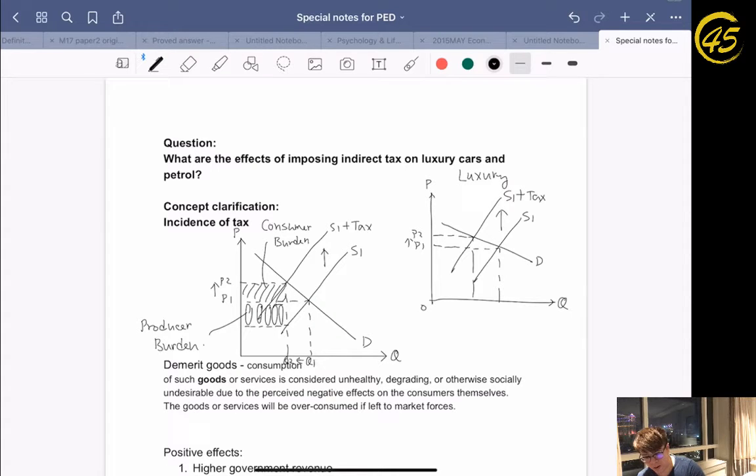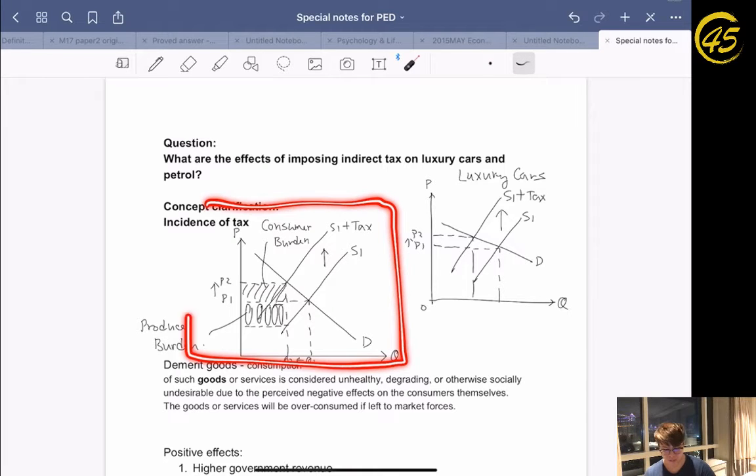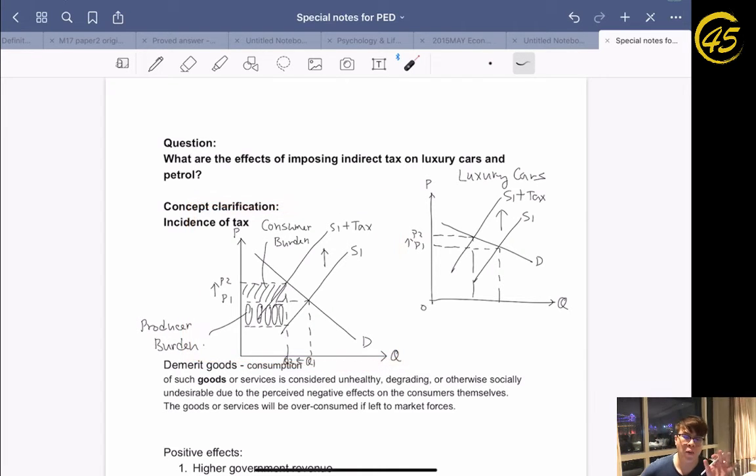Remember, the diagram on the left-hand side is only for you to learn what the incidence of tax is, and it is not the diagram for this question. Only this diagram refers to the luxury cars.